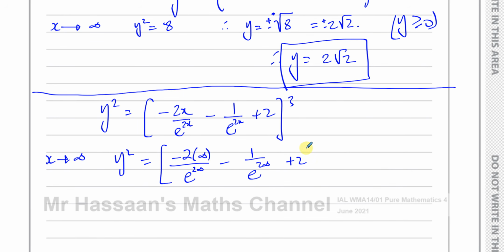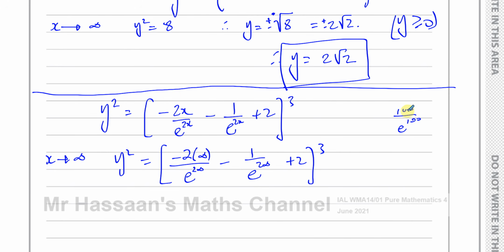Plus 2 cubed. Now, this is a very large number, and this is a very large number, but the denominator is way bigger than that number. When you raise something to a power, it gets really big. So if I have a number like 100 over e to the power of 100, well, the denominator is way bigger.